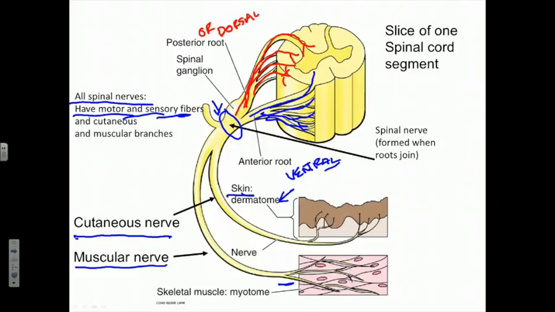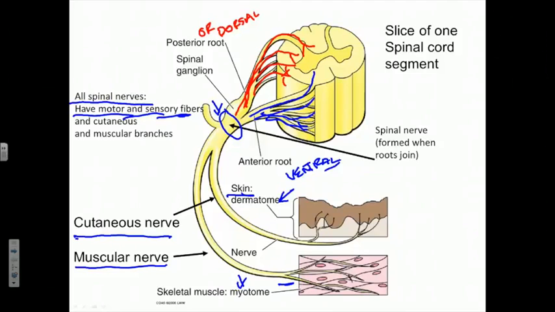So a dermatome is defined basically as the region of skin innervated by the branches of an individual spinal nerve. Whereas a myotome, the prefix myo means muscle. A myotome is a specific region of skeletal muscle innervated by the branches of a muscular component of a spinal nerve.